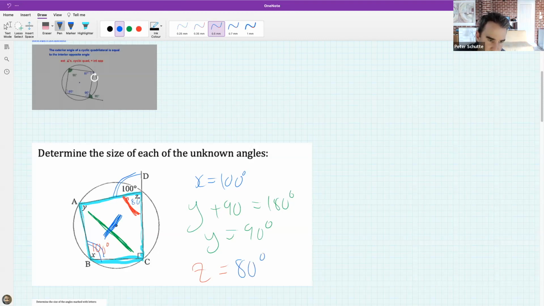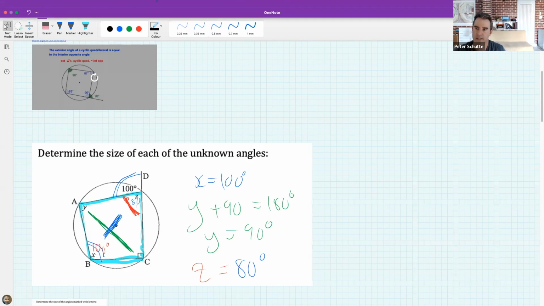So you could do it like that. Or you could say all the angles in a quadrilateral add up to 360, and then just take away all the angles that you know already, and that would get you there. So this is a typical type of question that you get with those types of stuff.